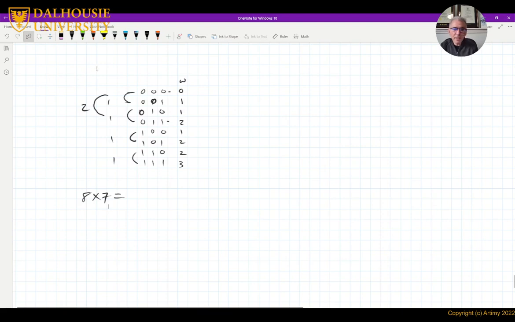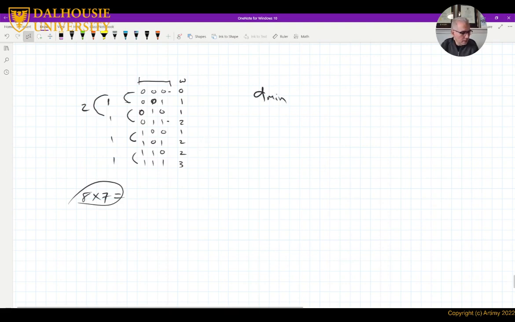But if I find the minimum out of all of them, I can find out the error detection capability of this set of words. So what is the minimum distance here? I don't have to try all possibilities. I know the minimum distance is 1. Right? So this is the minimum distance.